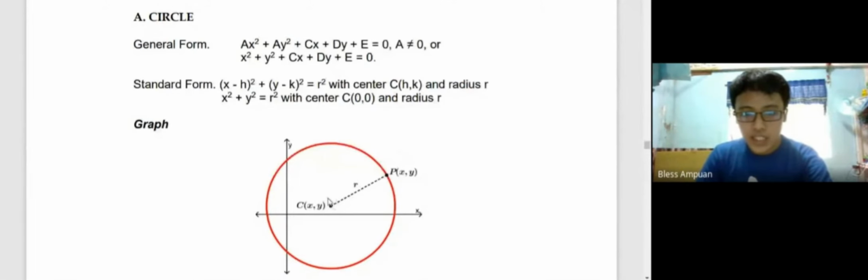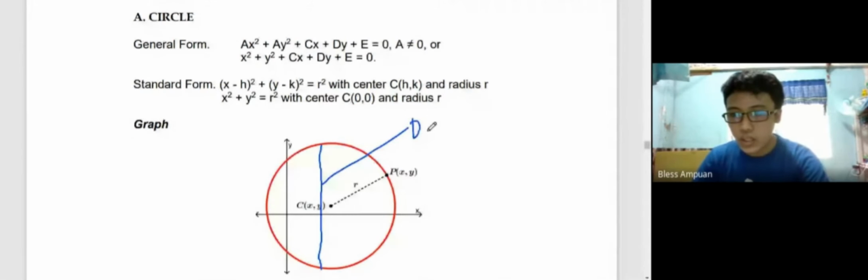If you are going to check, the whole length is the diameter. To convert diameter into radius, the radius is just equal to half of the diameter.